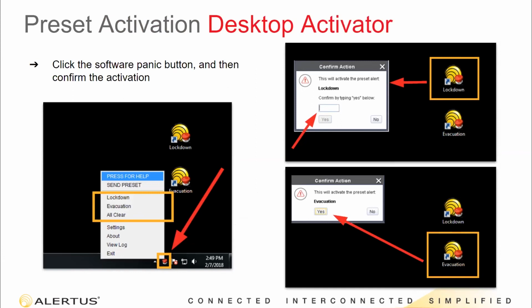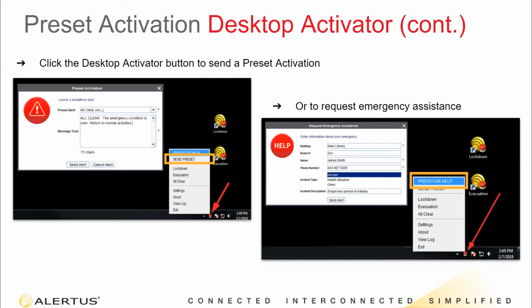Simply clicking on it will allow you to enter some information, either confirm the activation by typing yes, or confirm by clicking yes, and it will launch the alert. You can also activate a preset alert or request for help simply by clicking the red panic button icon on your desktop tray and selecting the appropriate alert type.